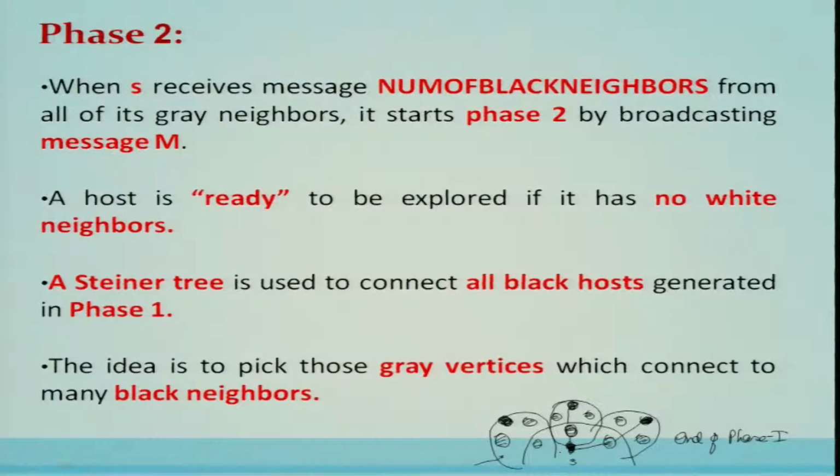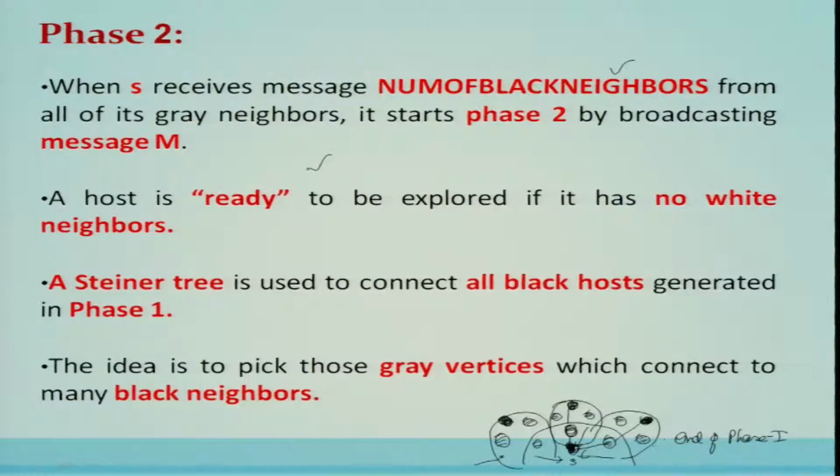So these gray nodes will inform S about how many black neighbors they have, and S, now having this information, will send a message M in phase 2. A host is to be explored if it has no white neighbors.